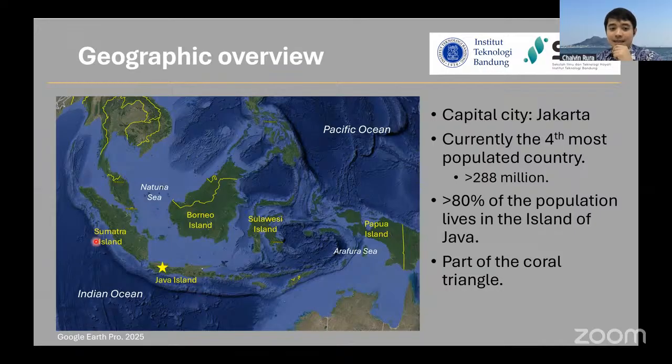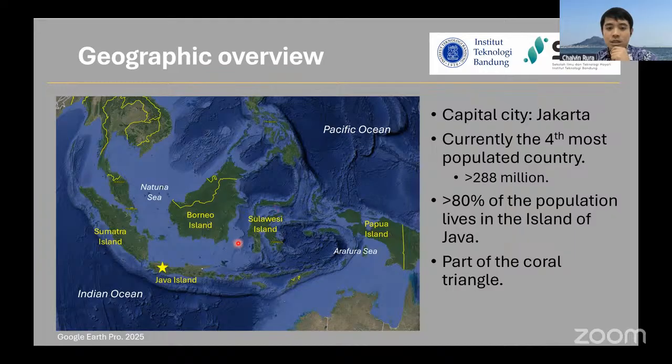The ones with the yellow letters are the five main islands in Indonesia. From the west is Sumatra, then there's Java on the south, then Borneo, then Sulawesi or Celebes, and then Papua.